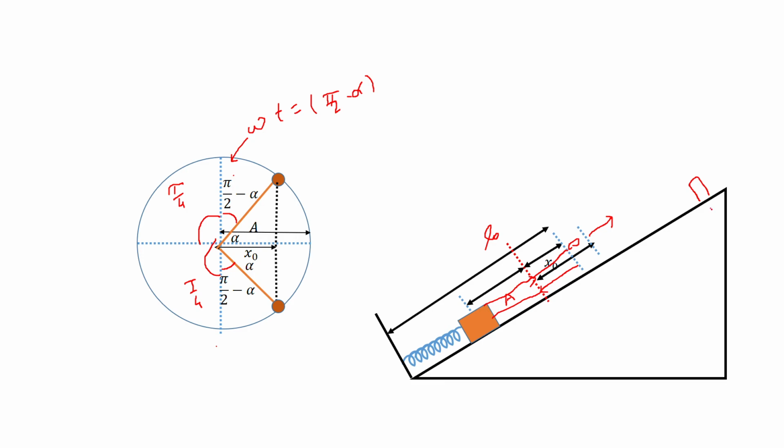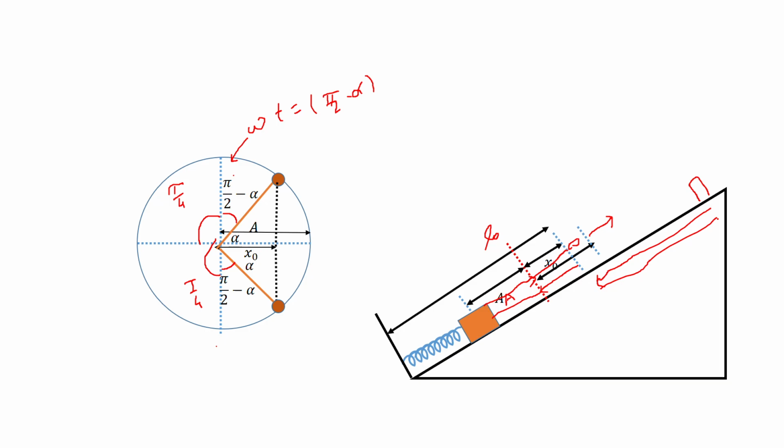So from here it will move here, this is the natural position, and here it will move, then it will move x naught, then further A, then it will return A, then again x naught, and from here it will return back.